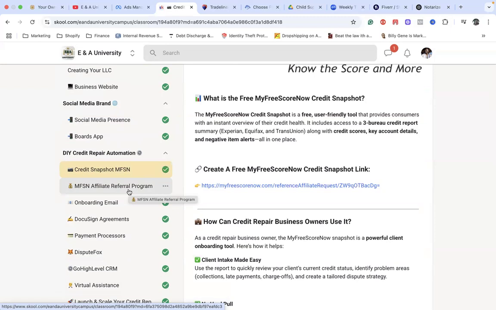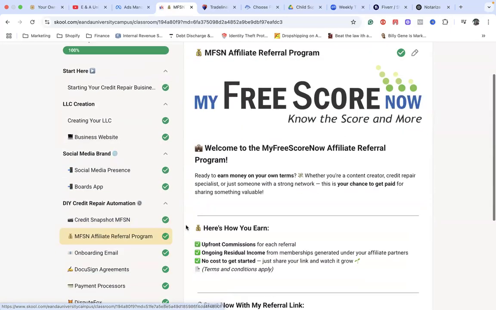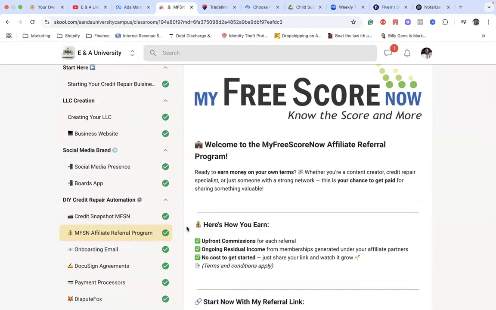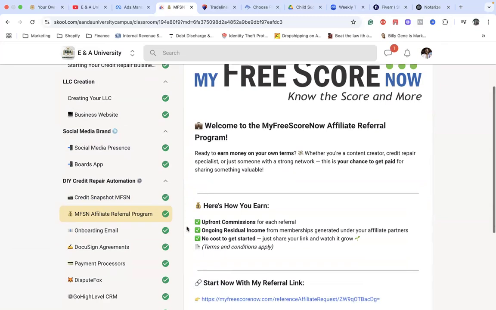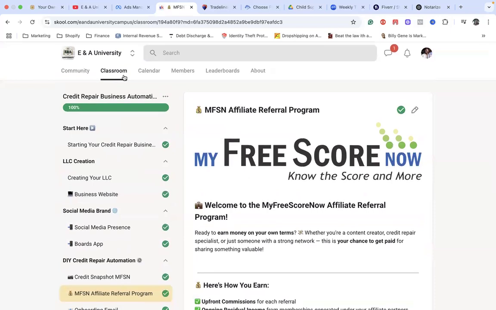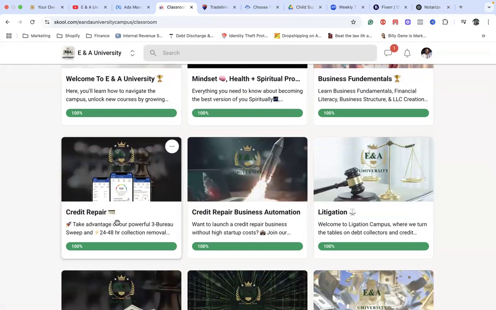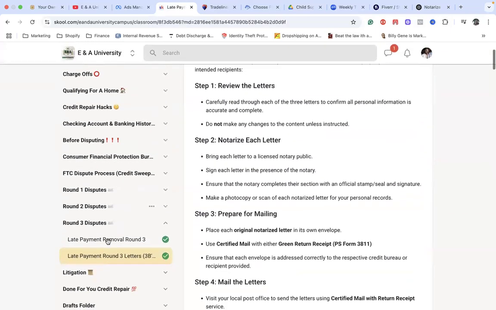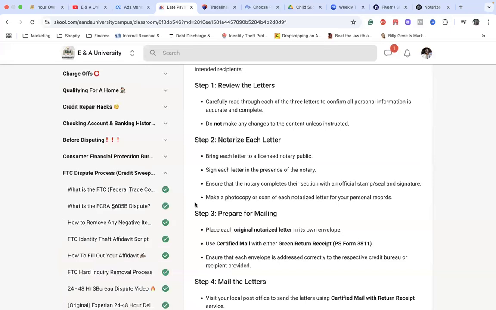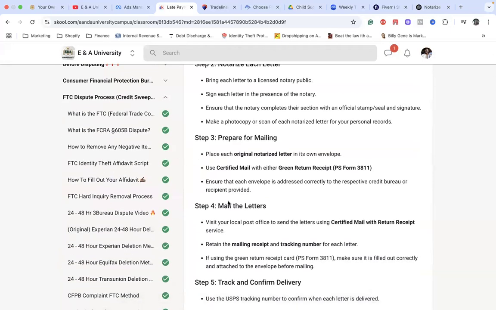I have systems, guys, and it's changed everything for me. That's why I can give you guys so much time and give this university so much time, because my team is using this very exact campus to process disputes. My team follows these steps to process disputes.